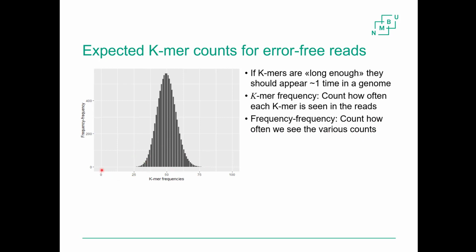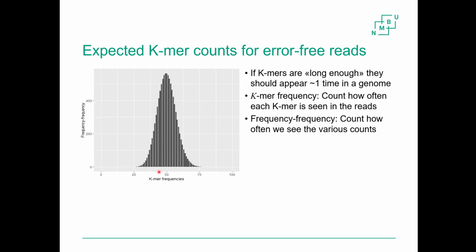So here you now see the K-mer frequencies, and on this axis you see the frequencies. So it means you go out and count the various K-mers. Some occur 30 times, some occur 40 times, some occur 50 times, 60, 70, right?